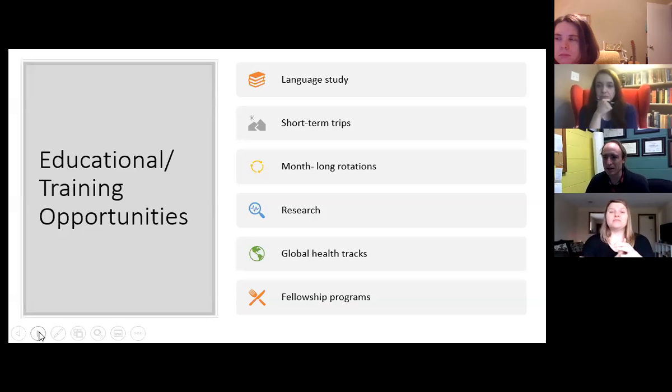But I see a lot of medical students, I see a lot of residents that have had some training in Spanish, maybe French, Portuguese, any number of different languages, and are just scared to use that. And the idea is having some time to do some targeted language studies, to have maybe an immersion opportunity, but to take that step out and try to make a little bit of a fool of yourself as you're navigating through speaking another language is the first thing that you need to do.